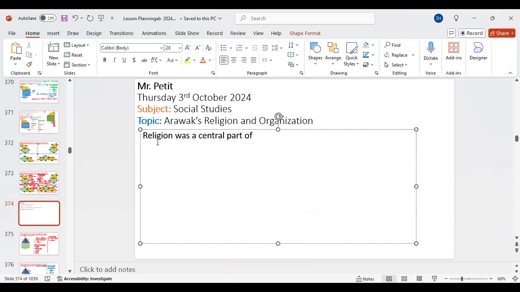Sometimes you may hear me say Arawak, sometimes Lucayan, but the Lucayans are descendants of the Arawak, so we could use them interchangeably. So religion was a central part of the Lucayan way of life. It's like our religion is a central part of most of our lives too.